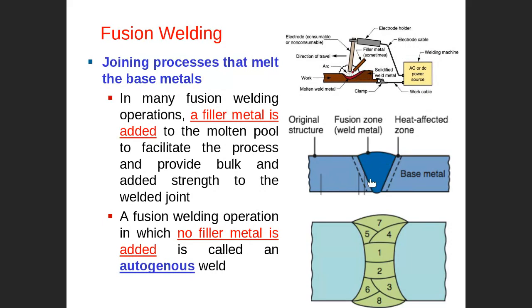Why? Because while you heat the two base materials and get a liquid mix, some material will be evaporated. There is no way to control it. It is unavoidable; we cannot guarantee that no material will be evaporated.